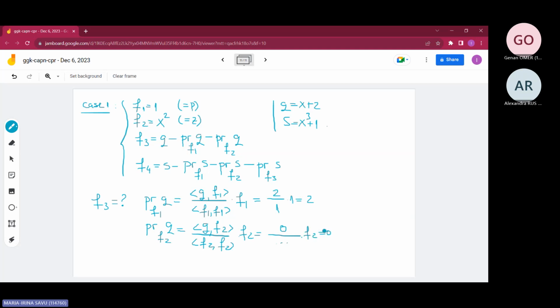So it implies that F3 is Q, which is x plus 2, minus the projection of Q onto F1, which is 2.